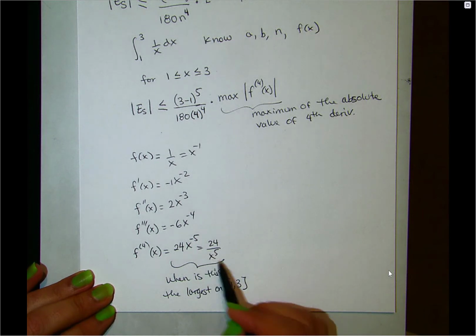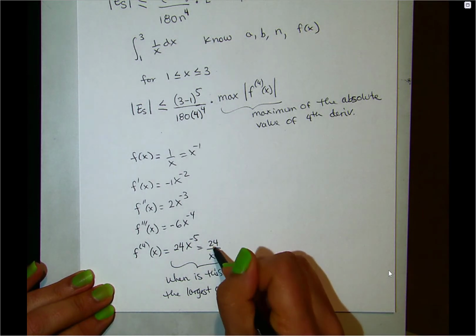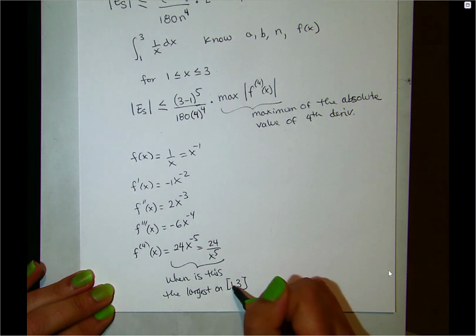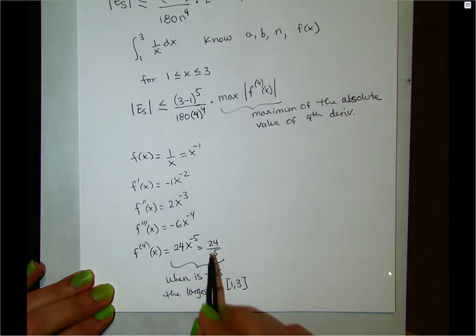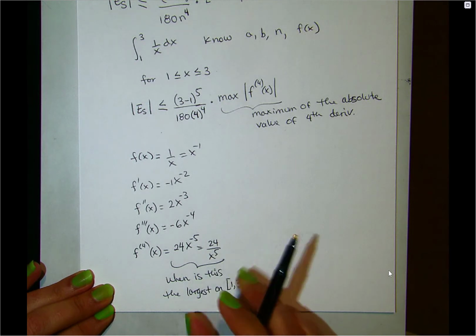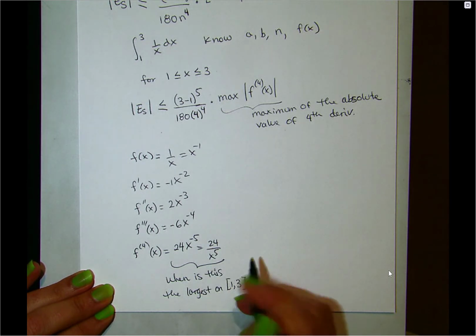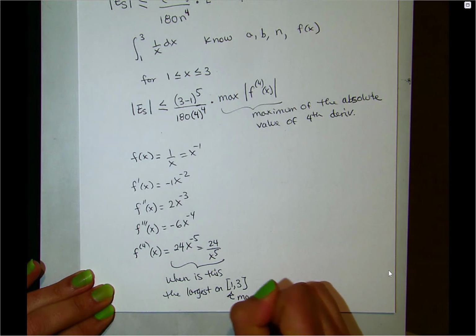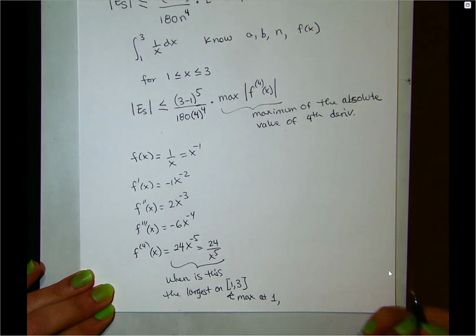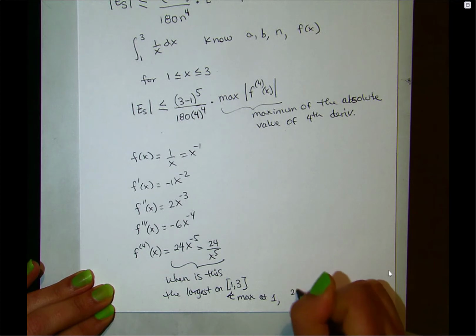And notice that as the interval moves to the right from 1 to 3, this is going to get smaller, right? The bigger the denominator, the smaller the fraction. So this is going to have its maximum at 1. And what is the maximum? The maximum will be 24 over 1, which is 24.